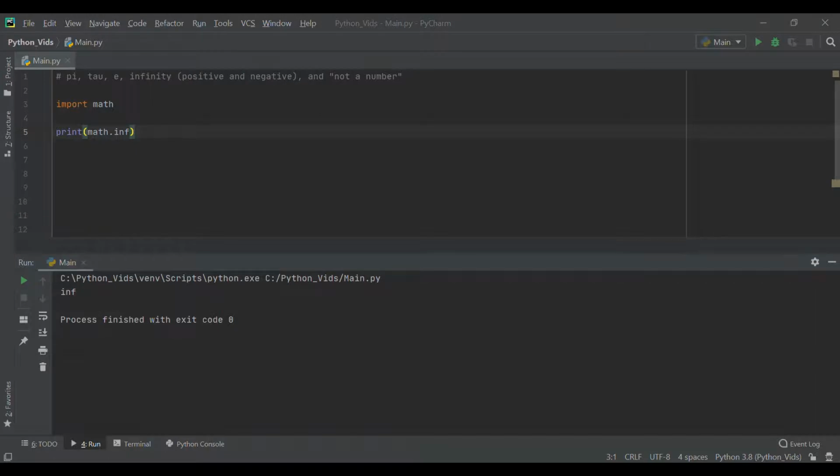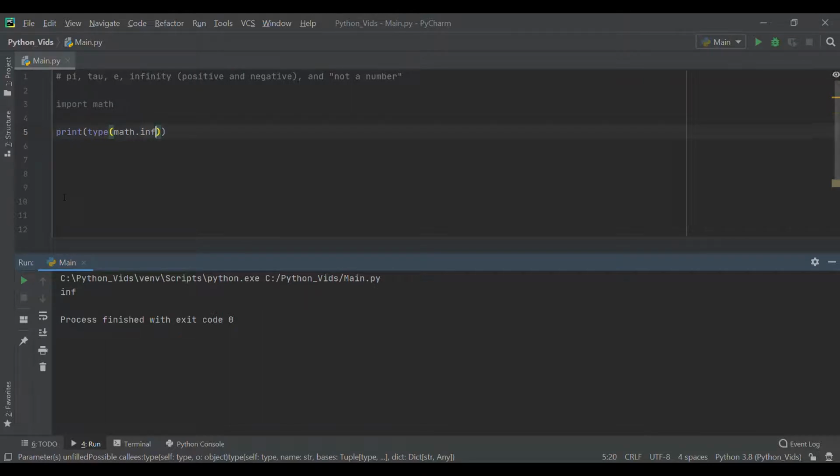Well, you're thinking, inf, big deal. I can just print inf. And hey, it's the same thing. I got inf. Well, you're on the right track in some ways, but the infinity in the math module is not the same as just a string inf. And to show that, we can check the type. Let's actually print type math.inf.